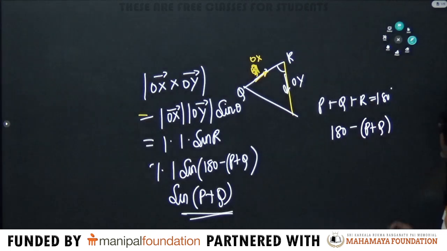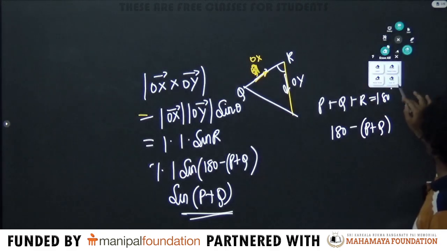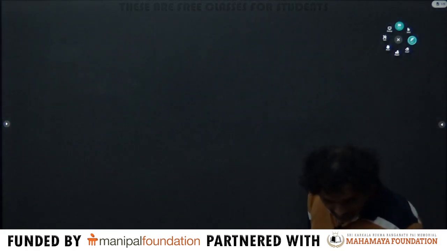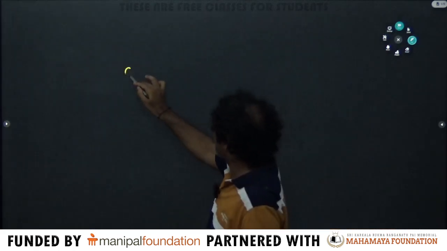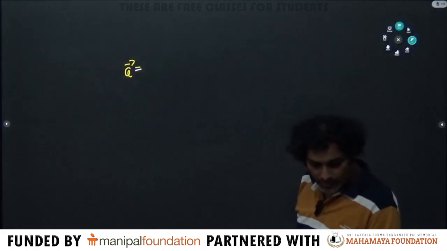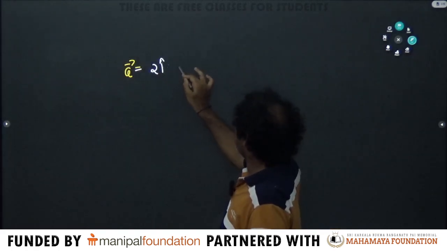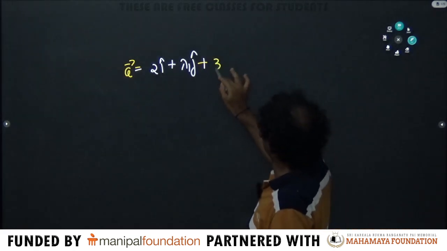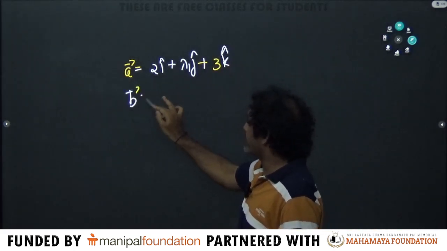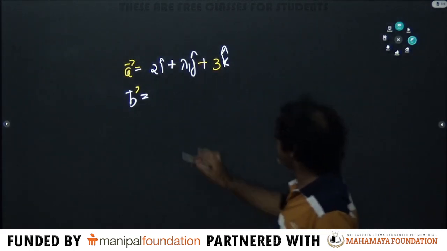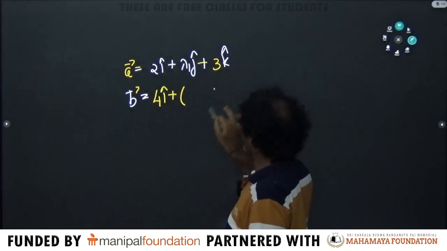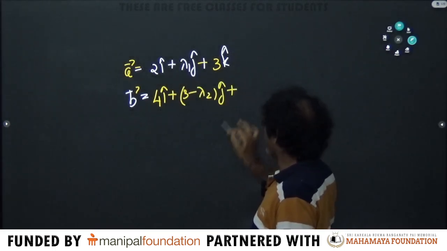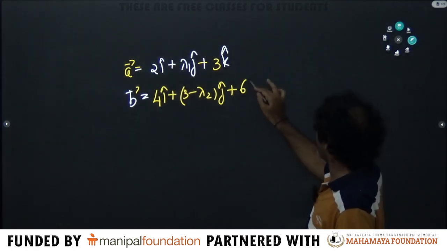The third one is a simple question, but I'll just have to put it for you. Fine, right? So I'll tell you that way. Carefully, right? A vector is 2i plus lambda 1 j plus 3k, and B vector is 4i plus 3 minus lambda 2 j cap plus 6k cap.